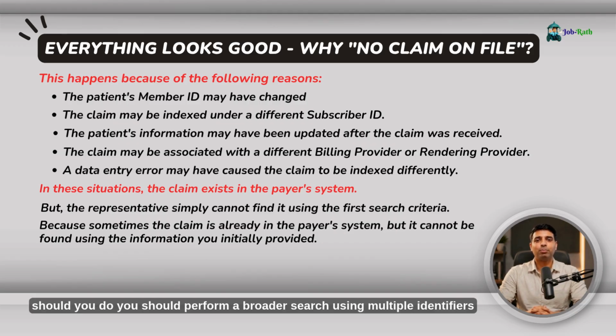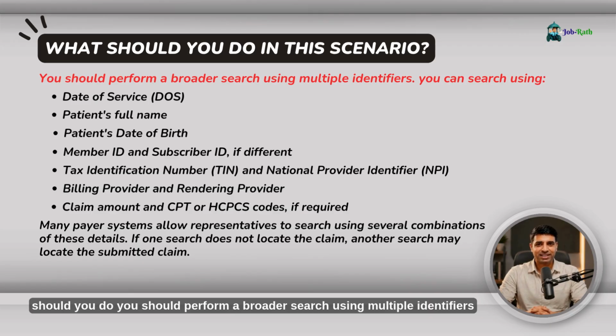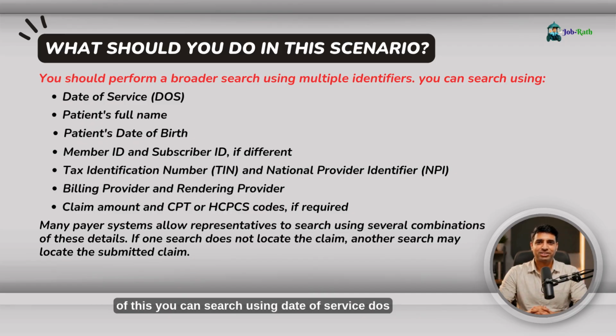You should perform a broader search using multiple identifiers. Don't rely on just the claim number or member ID. Instead, you can search using date of service, DOS, patient's full name, patient's date of birth, member ID, subscriber ID if different, tax identification number, TIN, national provider identifier, NPI, billing provider, rendering provider, claim amount, CPT or HCPCS codes if required.